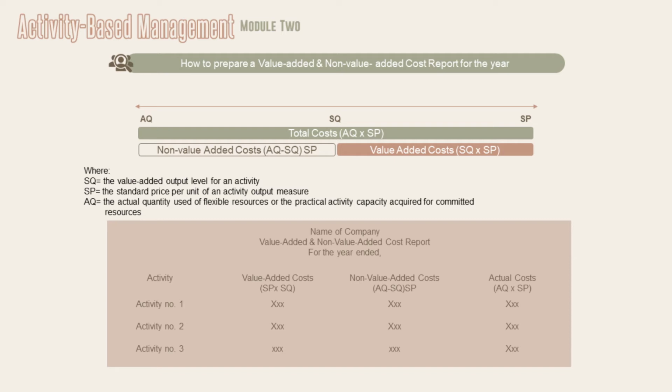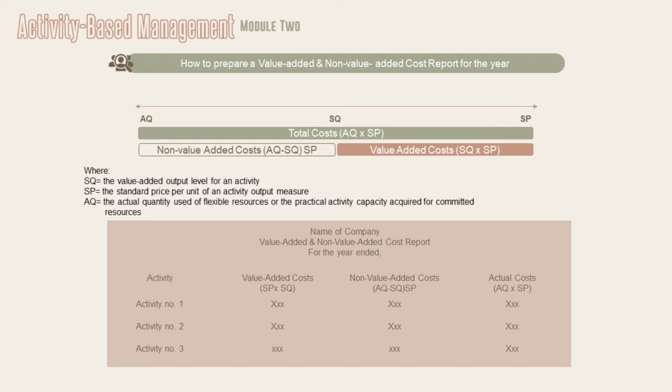As you can see on the top of the report, there is a visual representation of how to compute value added and non-value added costs. There is a line; on the leftmost side we put the actual quantity, AQ, in the middle SQ, the standard quantity, and on the rightmost part SP, the standard price.